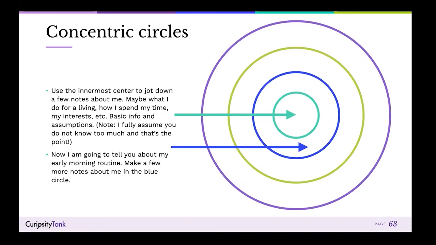And I reviewed my calendar for the day, and I reviewed the events and meetings that I had planned for today. Make a few more notes in that blue section about me and new information that you just acquired there.